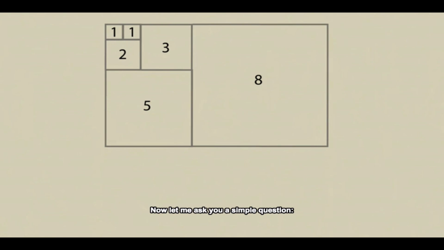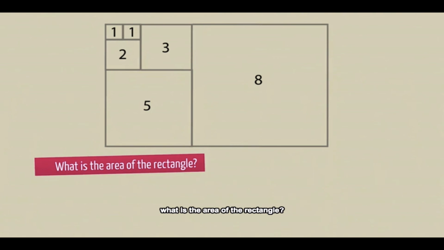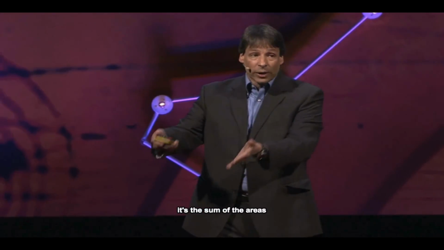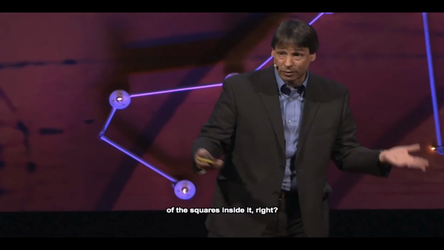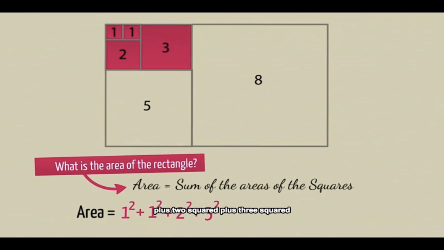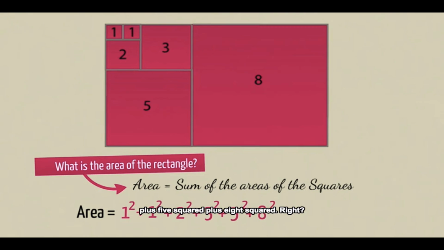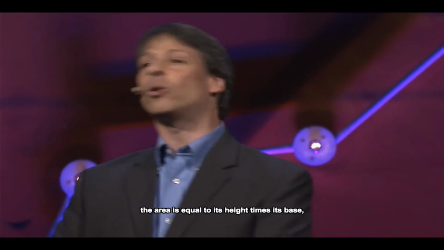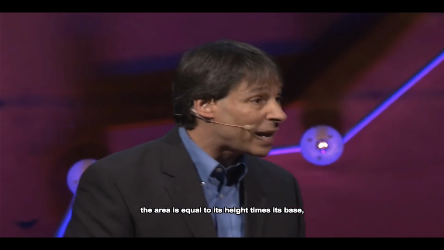Now let me ask you a simple question. What is the area of the rectangle? Well, on the one hand, it's the sum of the areas of the squares inside it, right? Just as we created it. It's 1 squared plus 1 squared plus 2 squared plus 3 squared plus 5 squared plus 8 squared, right? That's the area. On the other hand, because it's a rectangle, the area is equal to its height times its base.